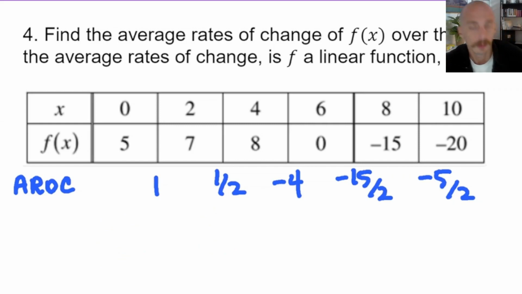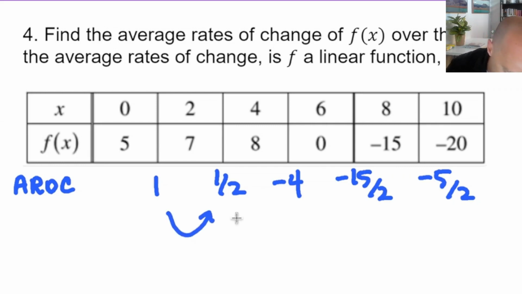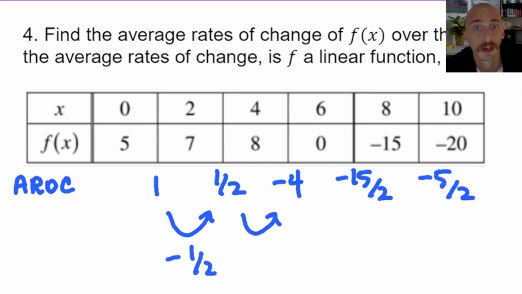Okay, so we're not seeing a constant average rate of change, so linear's out. As for quadratic, we would need to be seeing the same pattern here, where I'd be adding the same number or subtracting the same number. Here I decreased by 1/2, and there I decreased by 4.5 to go from positive 1/2 to negative 4.